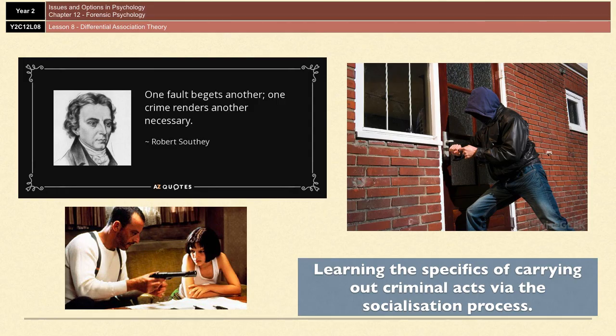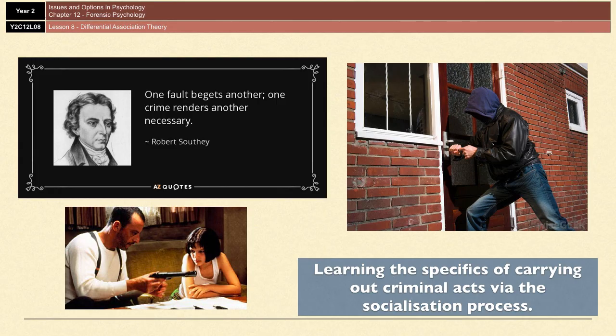So aside from telling us how we learn how to carry out certain acts, differential association theory can also explain how crime breeds within certain communities or certain social groups as well, because they could all be learning from each other a little bit.